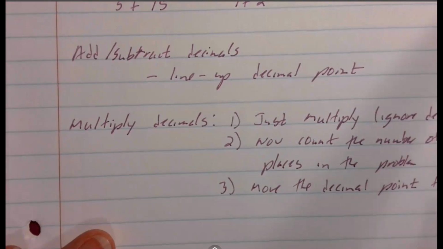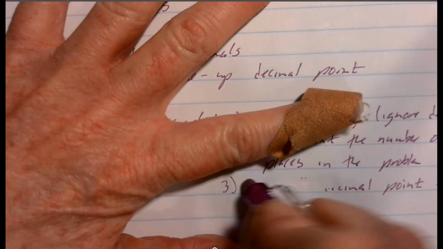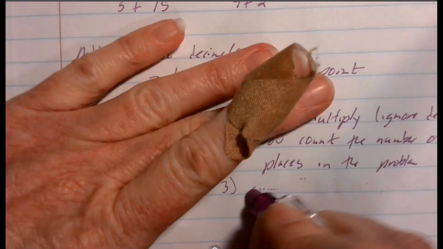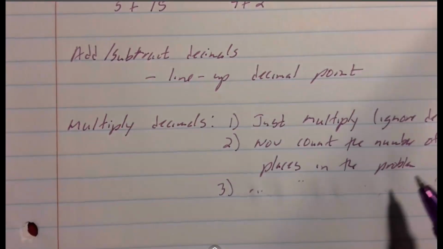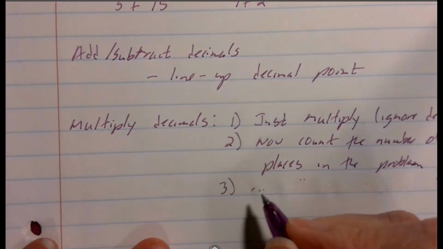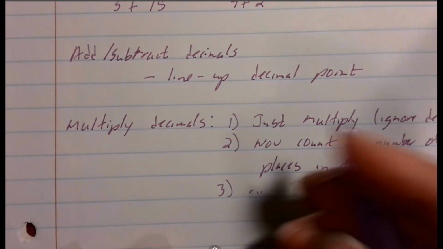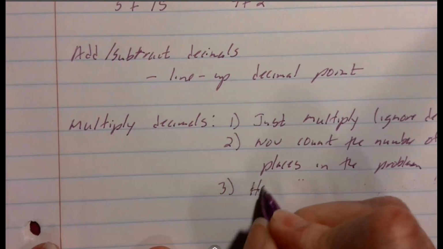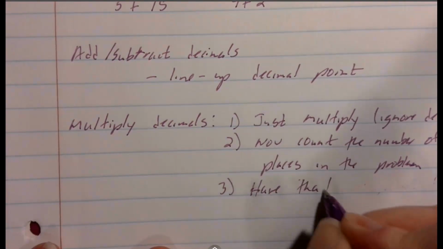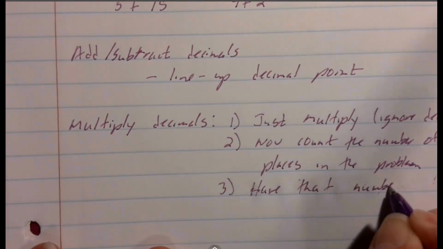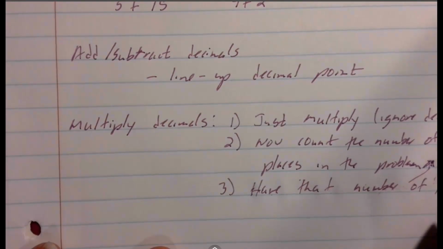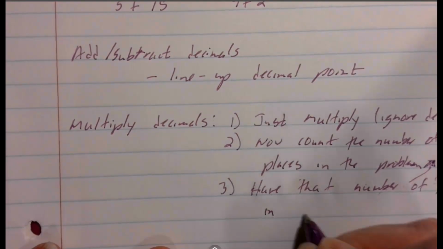I have a better way of saying that. You're going to count the number of decimal places in the problem, and then you're going to have that many decimal places in the answer. Starting from the right, move it over. What you got in step 2, have that number of places in the answer.